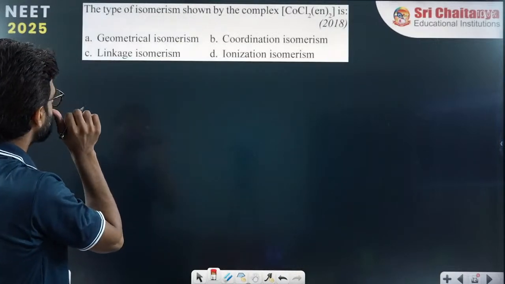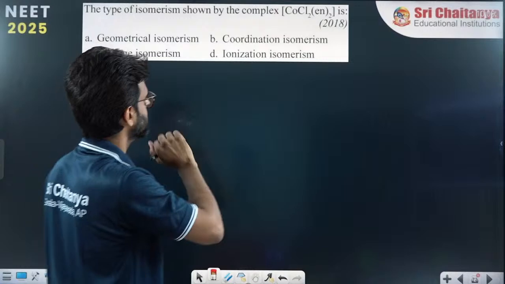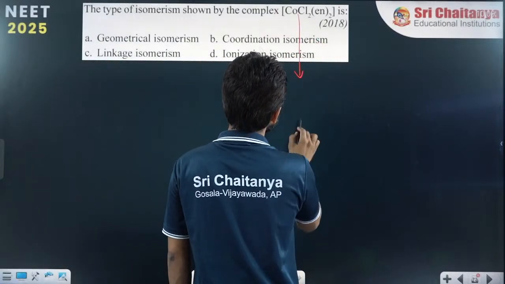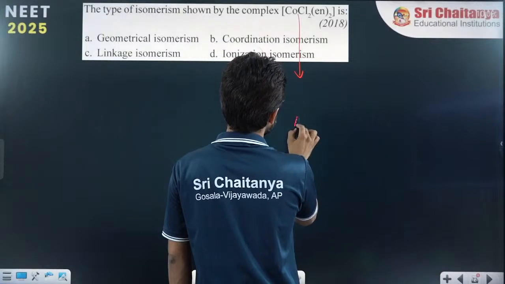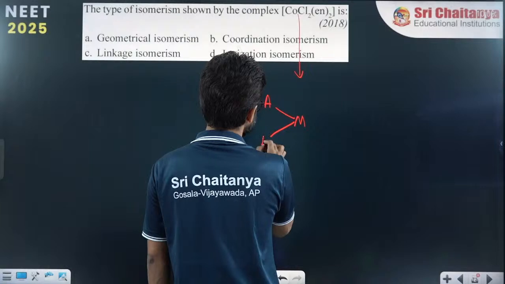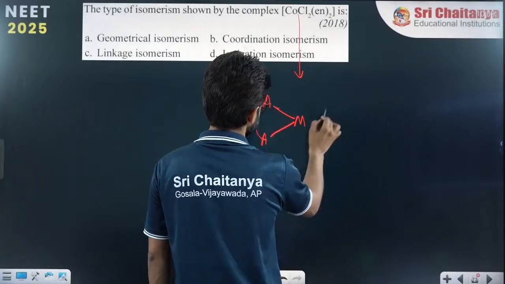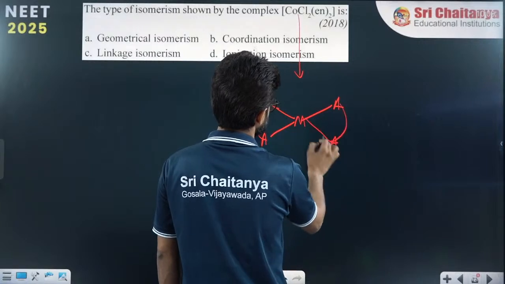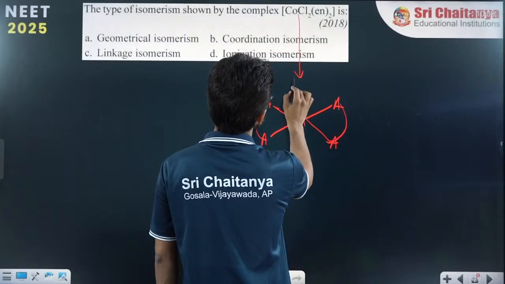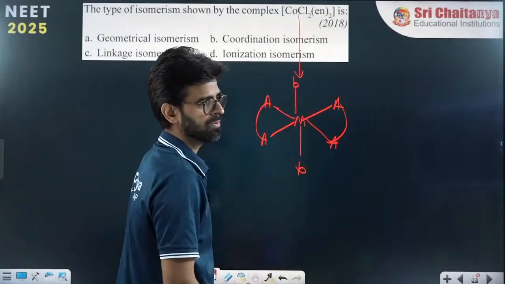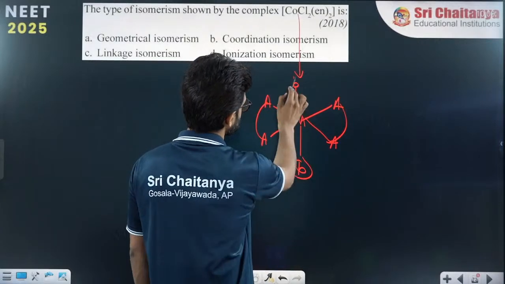The type of isomerism shown by this compound, okay? This can show cis-trans. If you look at this, if I show M, I have A here, A here. This is the trans form according to B and B. Fine?